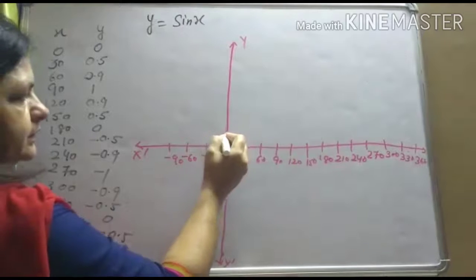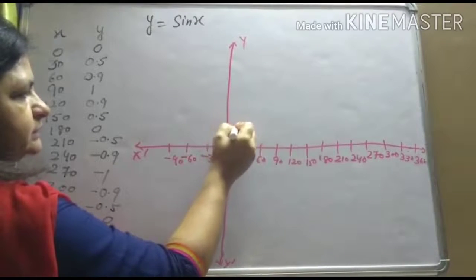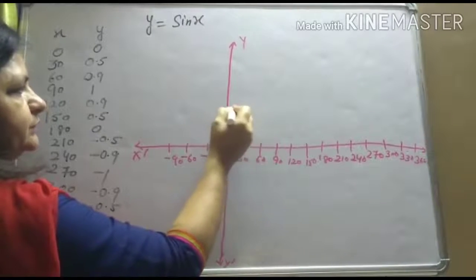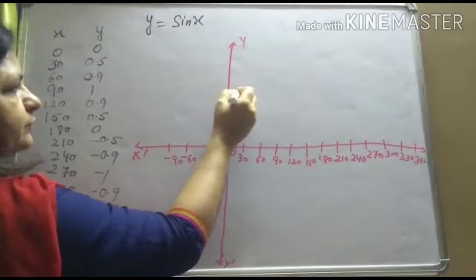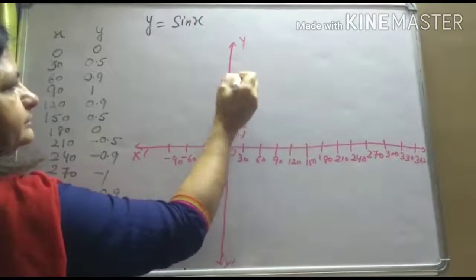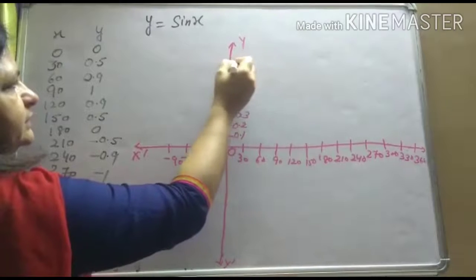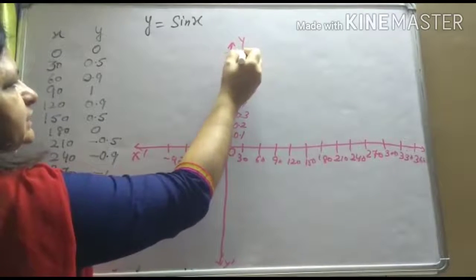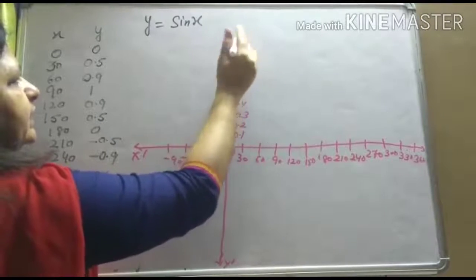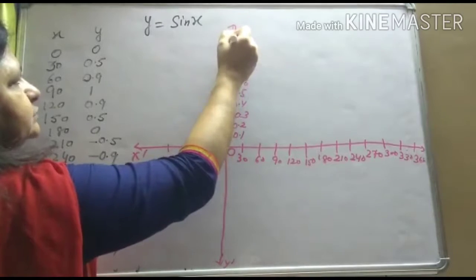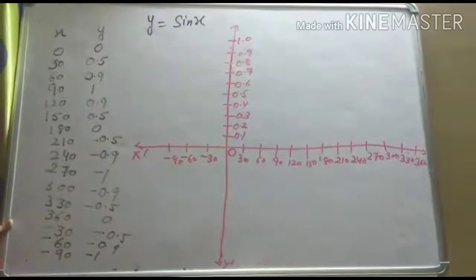Now, here it is 0.1, 0.2, 0.3, 0.4, 0.5, 0.7, 0.8, 0.9, and here it is 1.0.